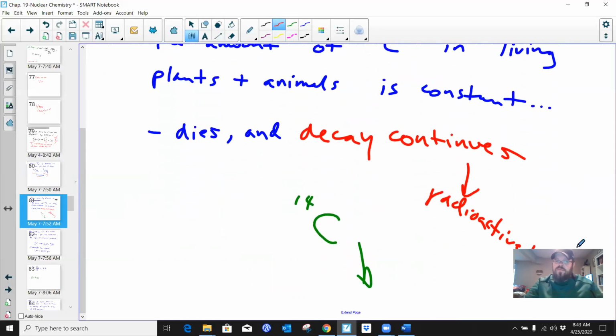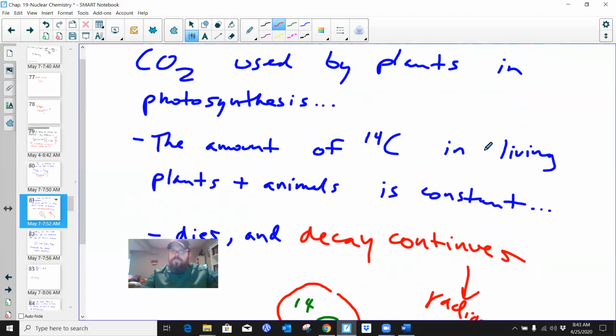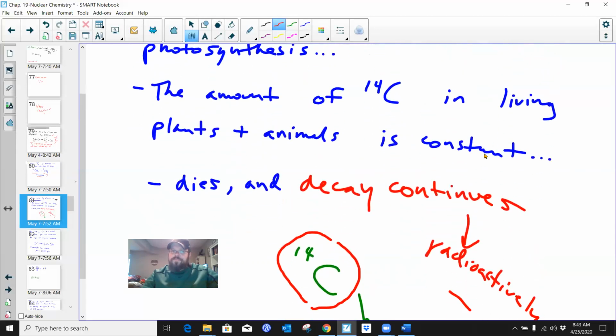The statement is that when a plant or an animal or any sort of organic living organism dies, the radioactive decay continues. So whatever carbon-14 was present in that balance between carbon-14 and carbon-12, well, that organism, when it dies, is no longer fixing carbon dioxide into plant tissues if you're a plant.